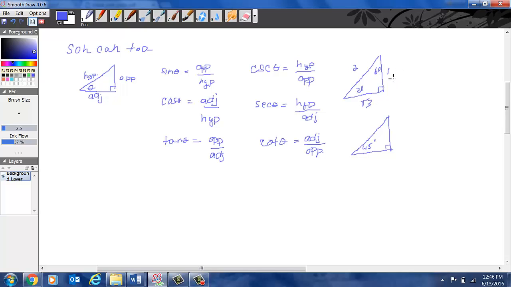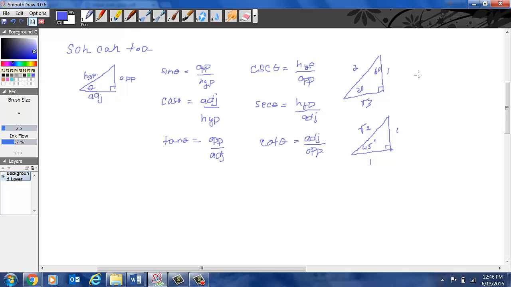And again, remember the smallest side is opposite the smallest angle. The largest side is always opposite the right angle because that's the largest angle. So 1, 2, square root 3. Your 45, 45, 90, the sides are both 1 and the hypotenuse is the square root of 2. Remember, this could all be verified using Pythagorean theorem as well.